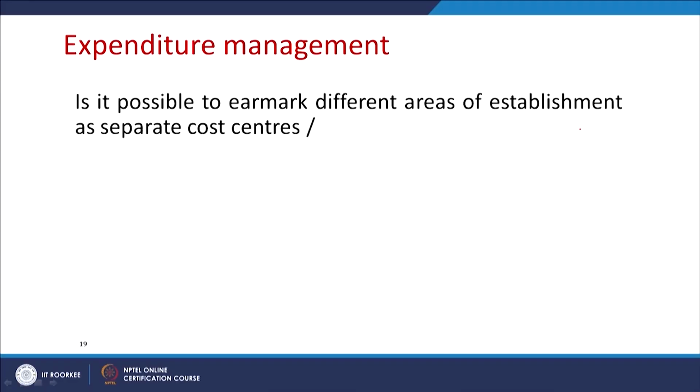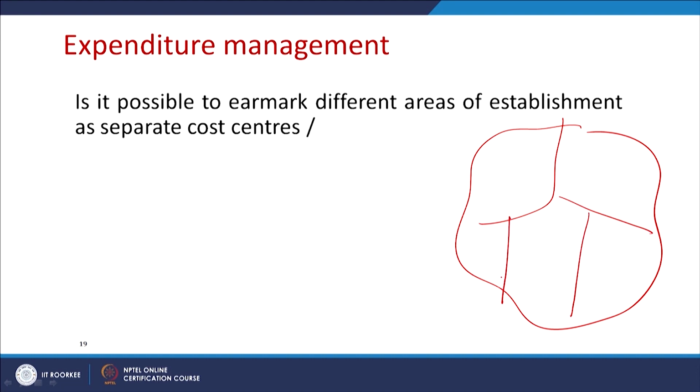Then a further question is whether it is possible to earmark different areas of establishment as separate cost centers. So, in a municipality you can treat different establishments separately and keep a different database for analyzing the expenditure, so that you can understand which establishment is wasting money and which is cost effective or not.